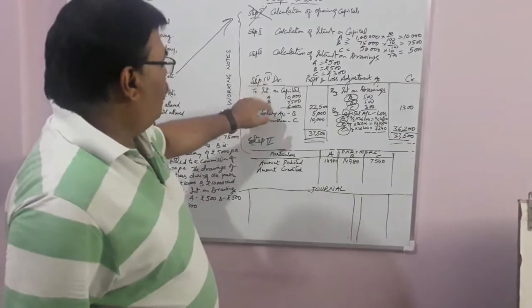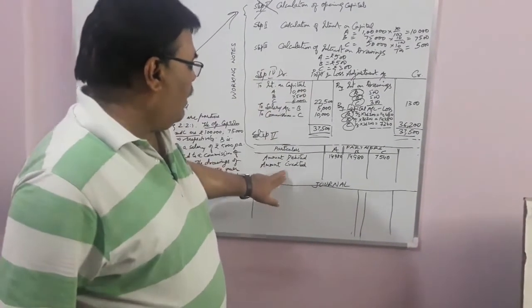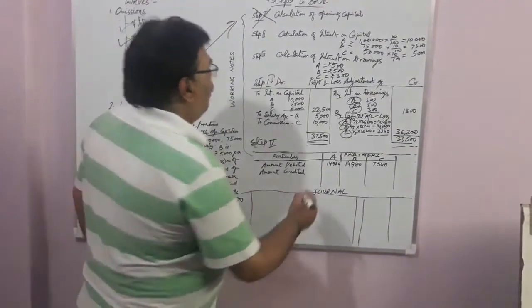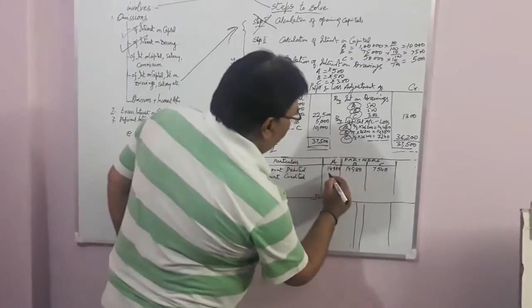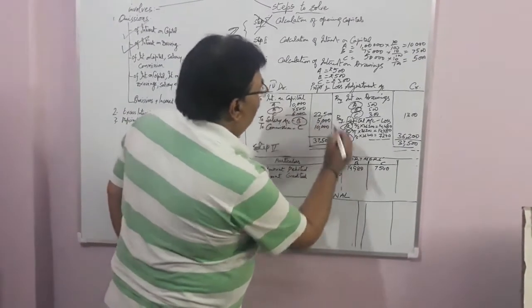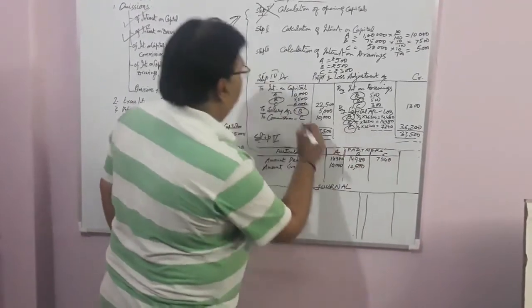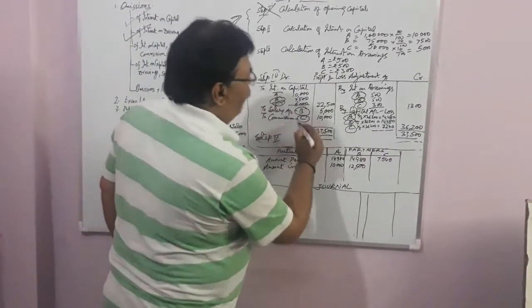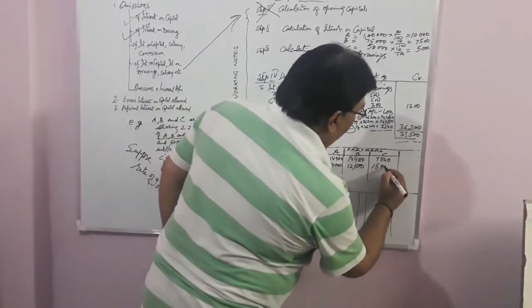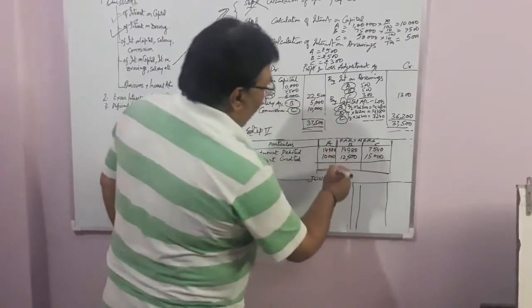Now I am going to show debit amounts against the head amount credited, which is for A 10,000, for B 12,500, and for C 15,000. Now I am going to close it, finding the difference.